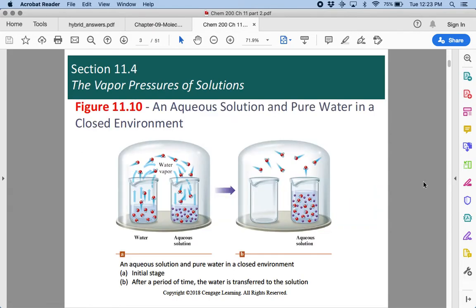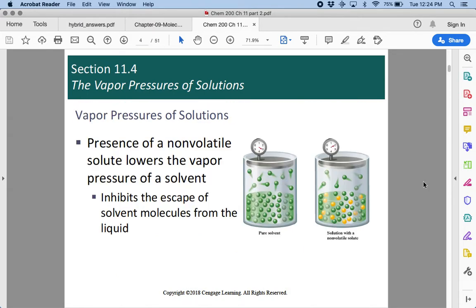If you remember from our earlier chapters when we talked about the concepts of vapor pressure, we were talking about the idea of there's this equilibrium between the solution or the solvent, the liquid, and its liquid state and its gaseous state, and that once we have a closed system, an equilibrium occurs of the equal rates at which the liquid is turning into a vapor and condensing back into a liquid.